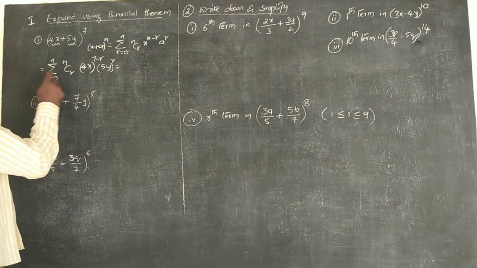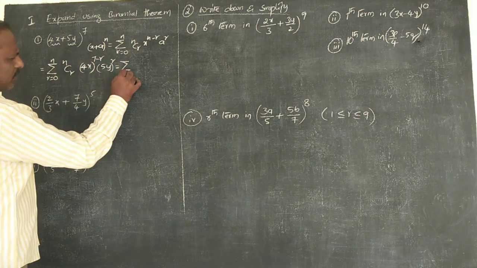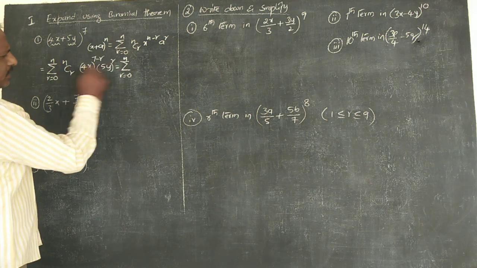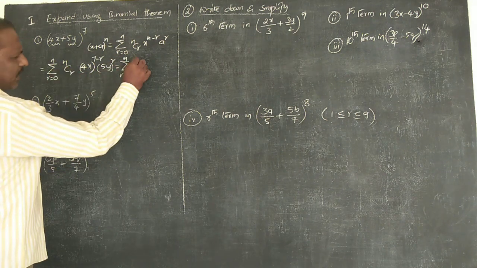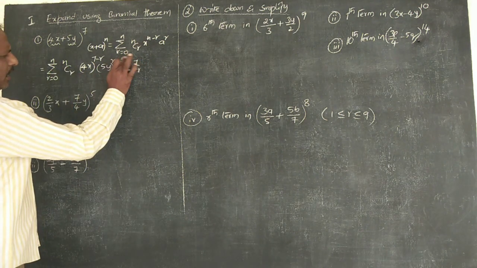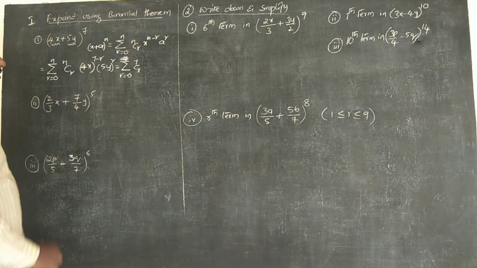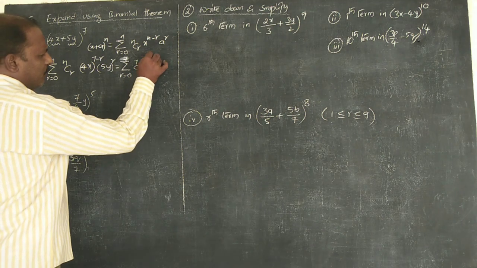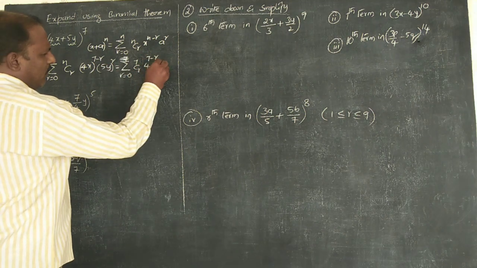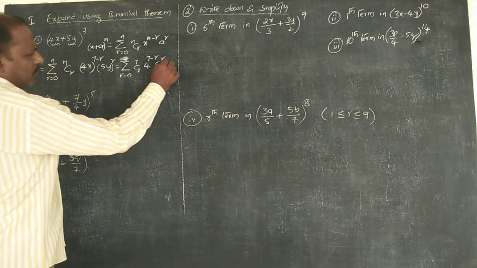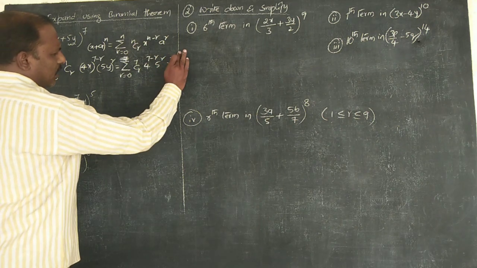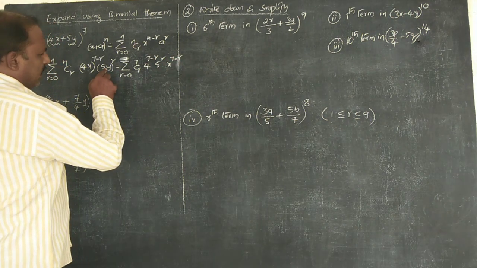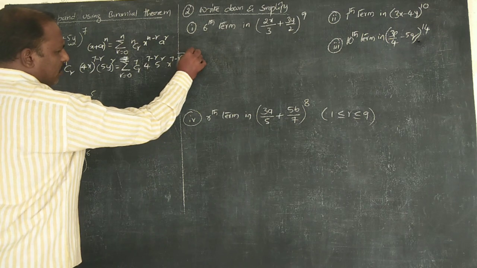So this expansion can be written as sigma r equals 0 to n, nCr, and in place of n I can write 7, so 7Cr, (4x) to the power of 7 minus r, (5y) to the power of r.